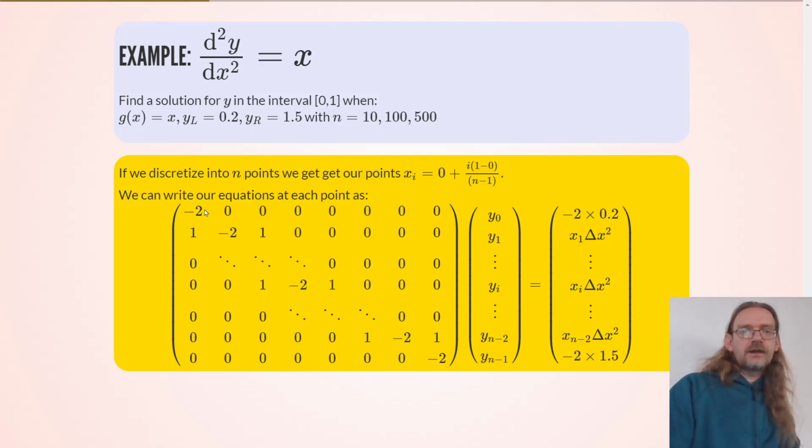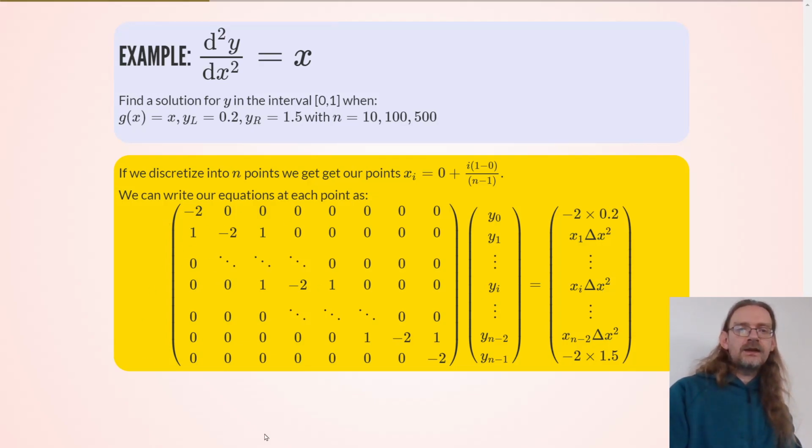So my matrix equation is going to look like this. I've got my standard matrix for my second derivative, my unknown y, which is going to be the solution that comes out of my Gaussian elimination, and then the right hand side is going to be -2 times the left hand side boundary condition, which is 0.2, -2 times the right hand boundary condition, and then in between I've just got my x values multiplied by delta x.